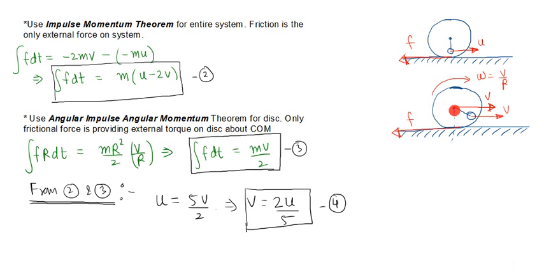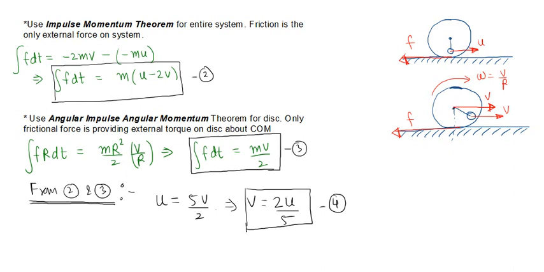Now what is the angular impulse about the center of mass of the disk? There is one frictional force. The tension is also external when I am talking about this disk, but its angular impulse about the center of mass will be 0. The angular impulse of the vertical mg about the center of mass will be 0, and that of the normal reaction will also be 0.